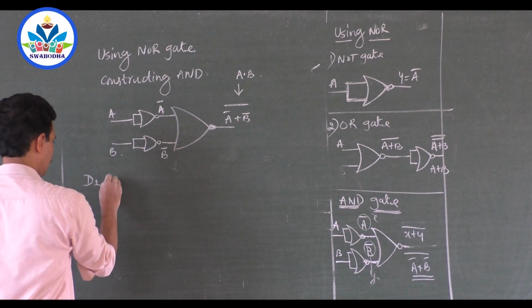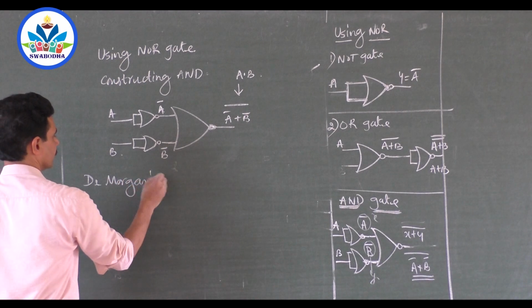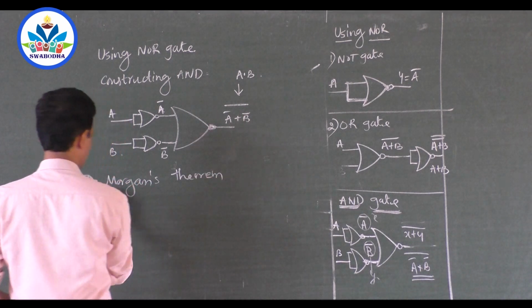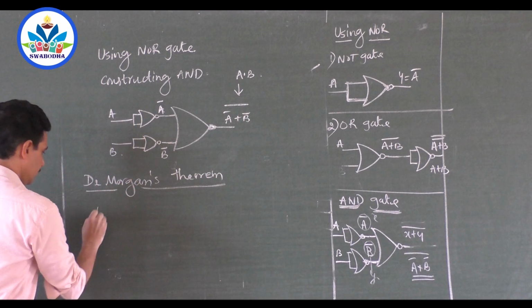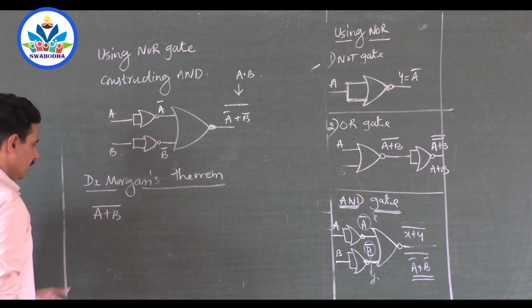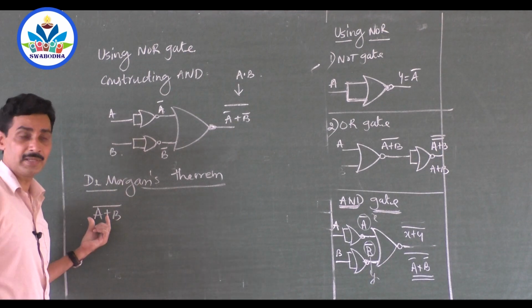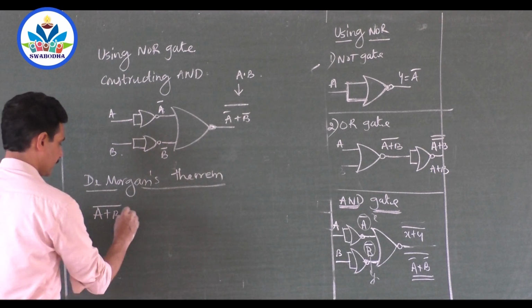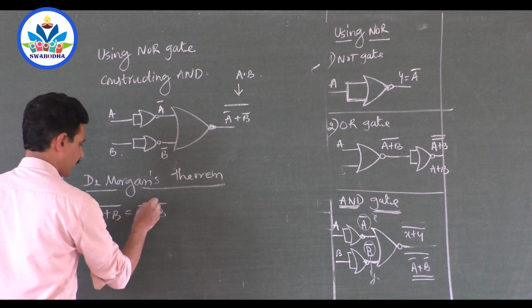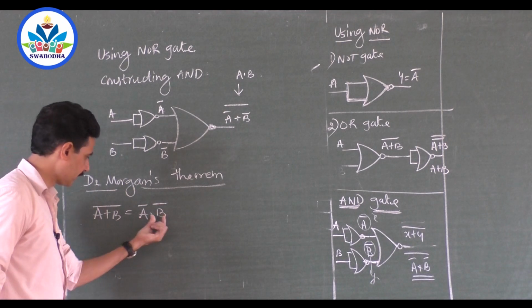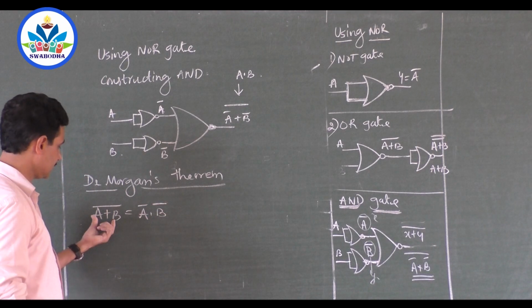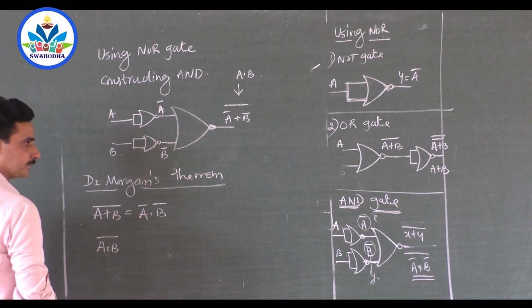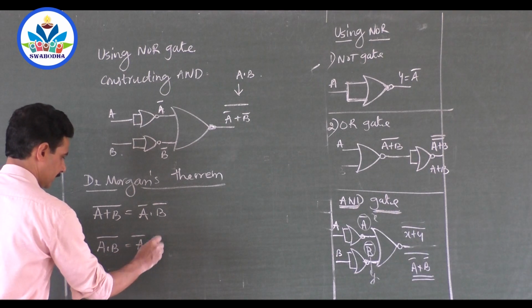De Morgan's theorems, not in the syllabus, but just to understand: complement of the sum, not our ordinary sum, logic sum, is equal to the product of complements, complement of each and then their product. Complement of the product is equal to the sum of the complements.